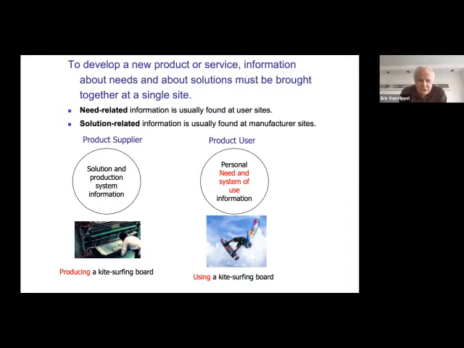Now, on the other side, what you've got is people making boards. And those people are not necessarily kite surfers. They're people who know a bunch about how to produce a board out of carbon fiber or whatever it might be. And what you see there on the left is a press to actually shape and compress a board and cure it out of plastic materials.